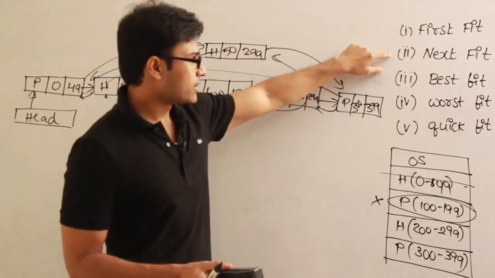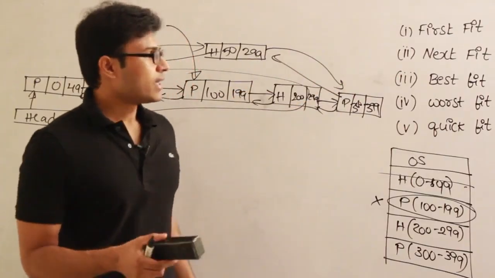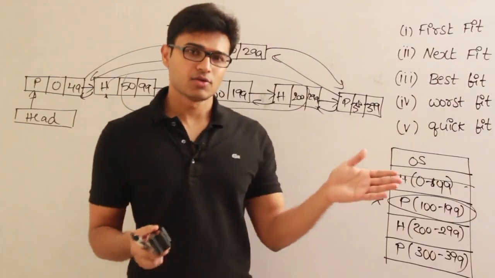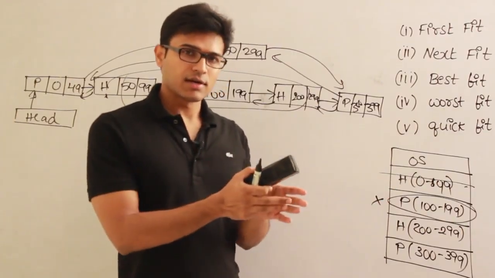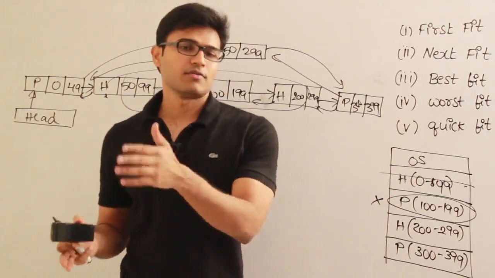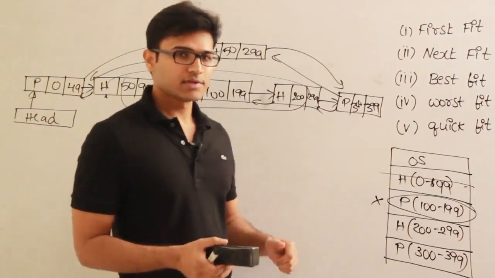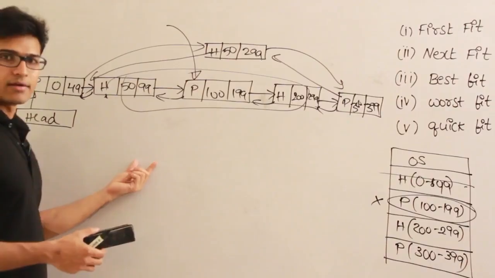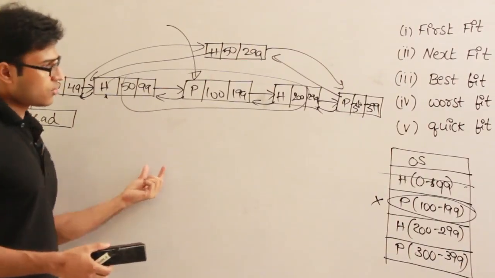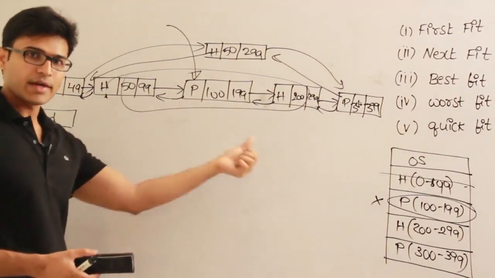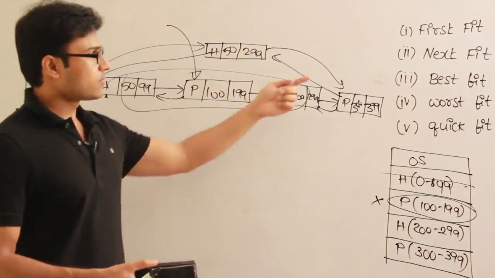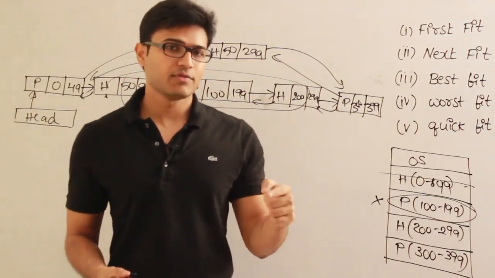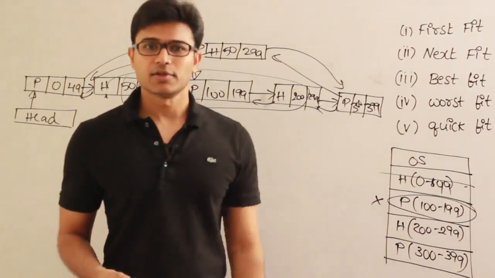For next fit also nothing is required, but for best fit it will be better if you sort the list in the increasing order of the sizes of the holes, which means the smallest hole comes earlier and the largest hole comes at the last. If you sort it like that, then best fit will have the same performance as first fit, because the first one which is a fit is nothing but the best fit, isn't it?